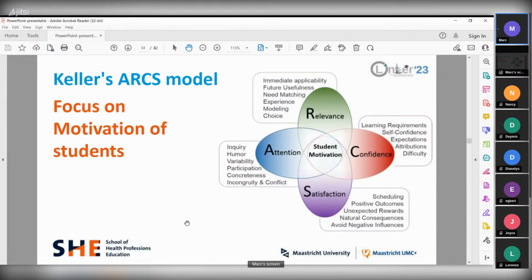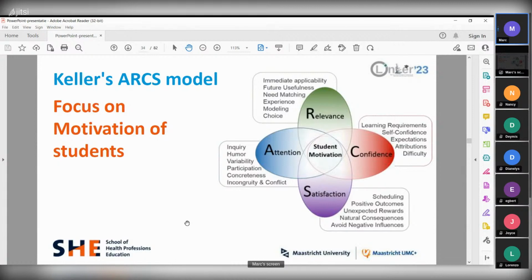The second is relevance. And now you see again the overlap with PBL. With PBL, we use the learning principle which is called contextual learning, which also shows you the relevance of what you're learning for real life.